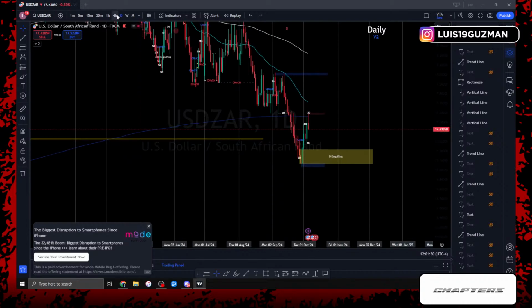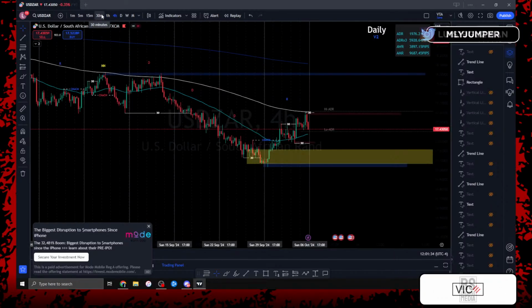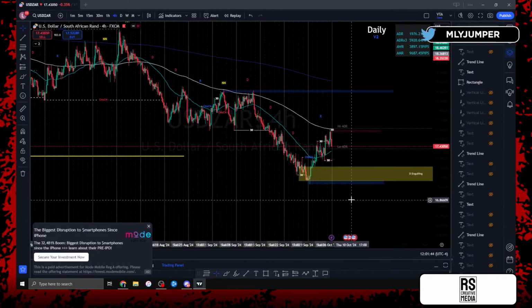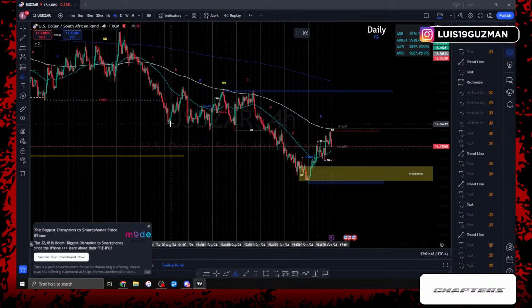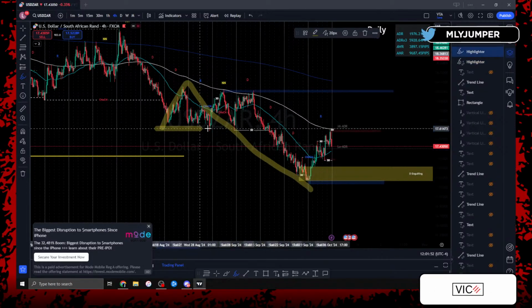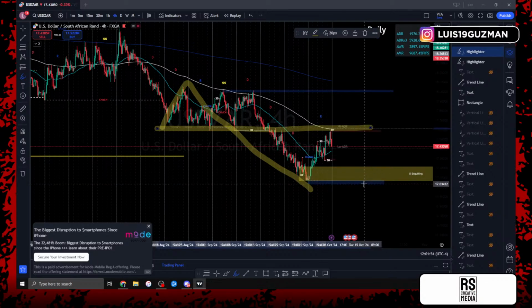So once again, I'm looking at USDZAR. Would love for price to start turning around, but in order for us to start turning around, we need to get those confirmations of those change of characters and break of structures. Because again, yes, we're looking for price to go up, but we know externally in the daily time frame, 4-hour time frame, we're still making lower lows and lower highs, right?